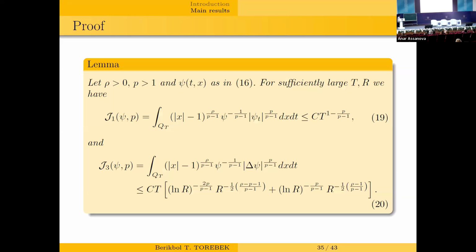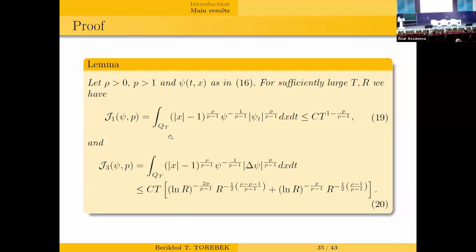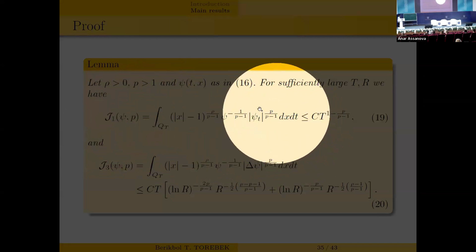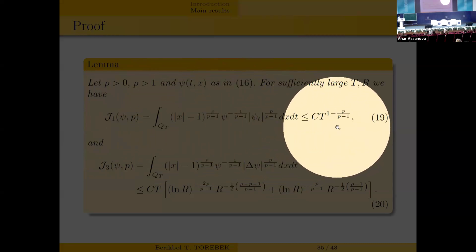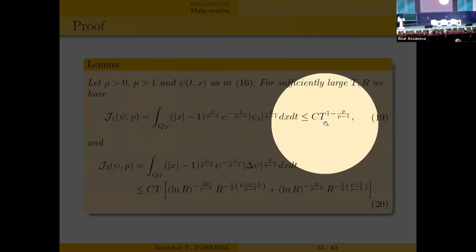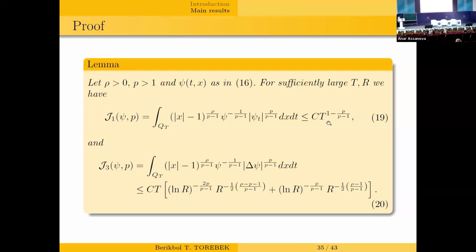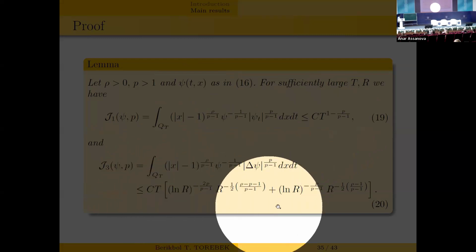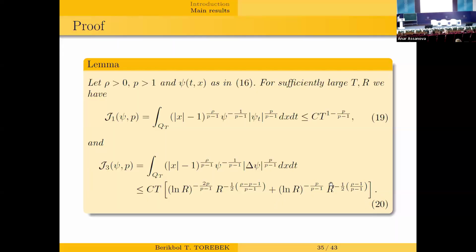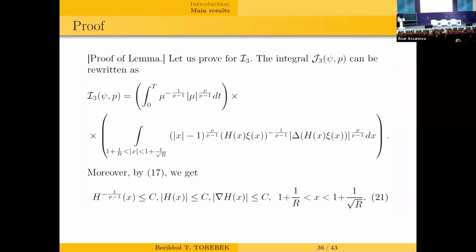This is the second lemma, about an integral inequality for the integrals I1 and I3. Here we also define the integral I1 by this expression. Then this integral can be estimated from above by this term, capital T. And similarly, for I3, defined by this expression, we have this kind of estimate from above. It can also be proved similarly.